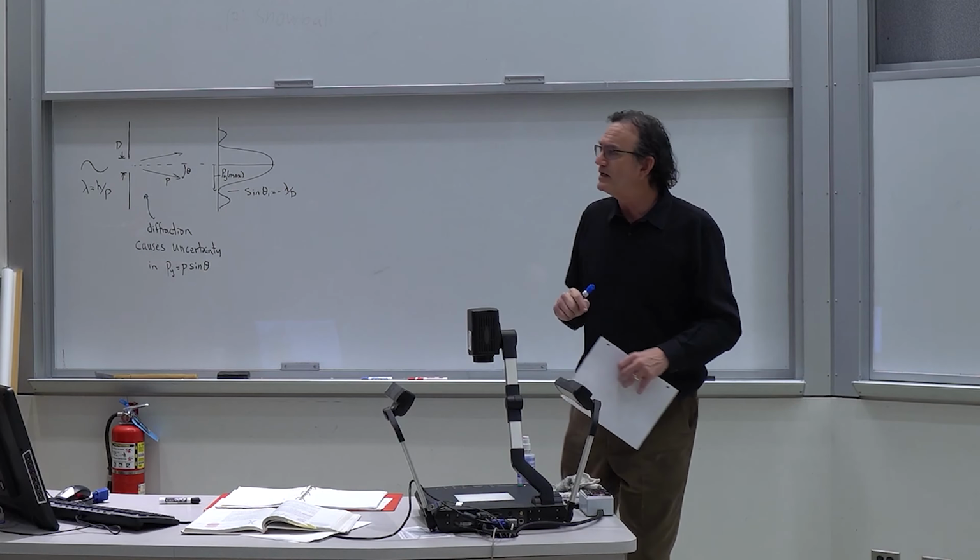So I get the inequality that delta y max times delta p sub y max is greater than or equal to h bar. Or, I'm sorry, h over 2, since I'm doing maximum, is greater than or equal to h over 2.